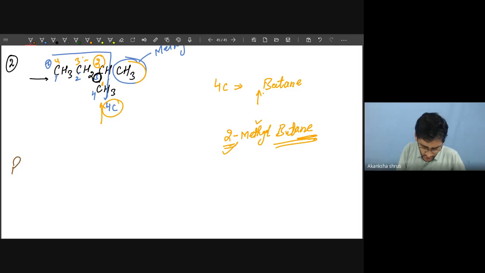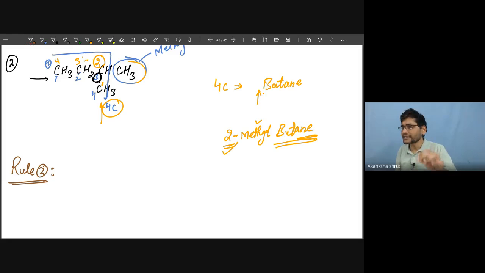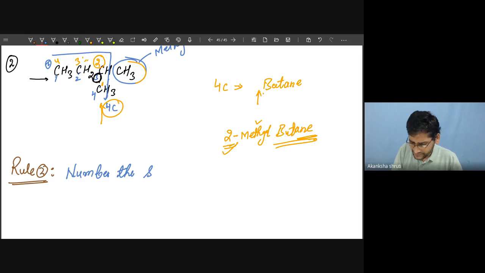Rule number 2 tells us to number the selected longest carbon chain. So give the number to the selected longest carbon chain.